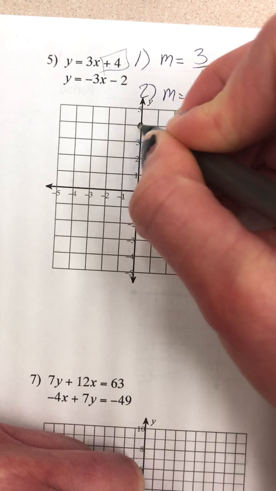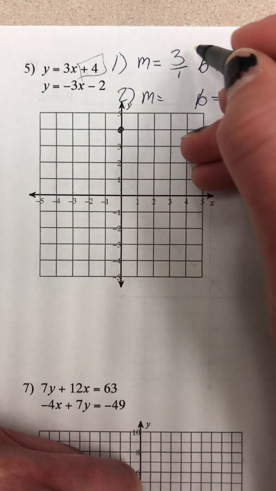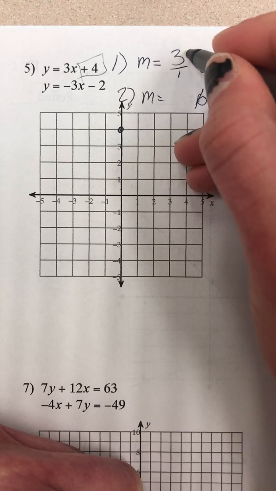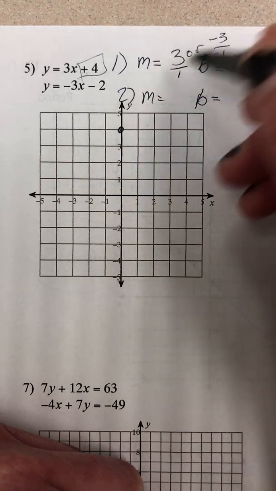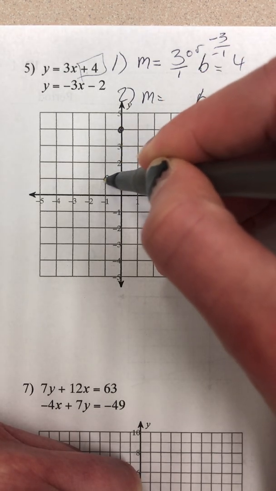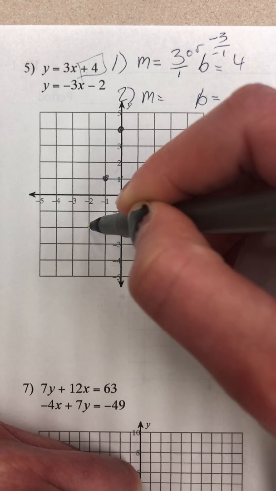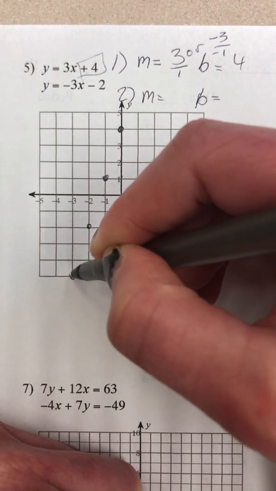So we're going to start off at 0, 4. And my slope is 3 over 1, but I can't really go up 3. So remember, it can be negative 3 over negative 1, meaning we can go down 3 and to the left 1. Like that.